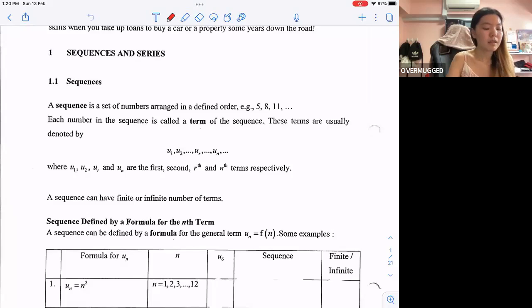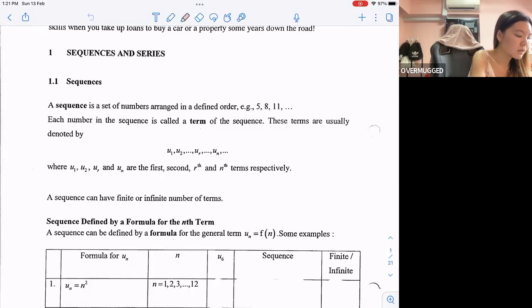Okay, let's start with what a sequence is. A sequence is a set of numbers in a defined order. It's arranged in a defined order. That means basically, it is a list.